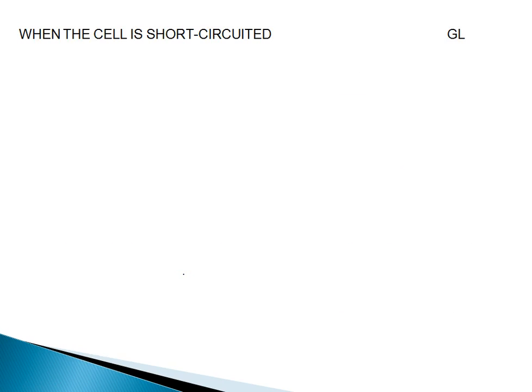When the cell is short circuited, again say this is a cell of EMF E and internal resistance small r. You take a wire which does not have any resistance and connect the positive and negative terminals. This is 0. In this situation, what is the current in the circuit?